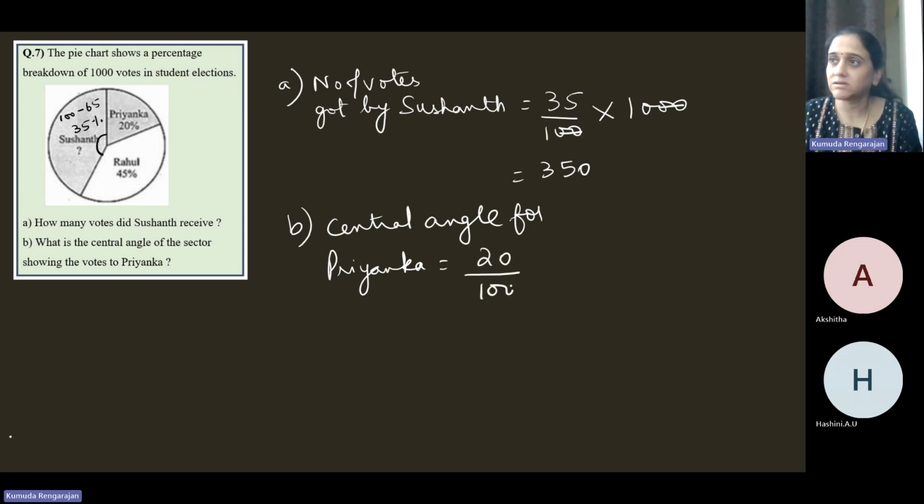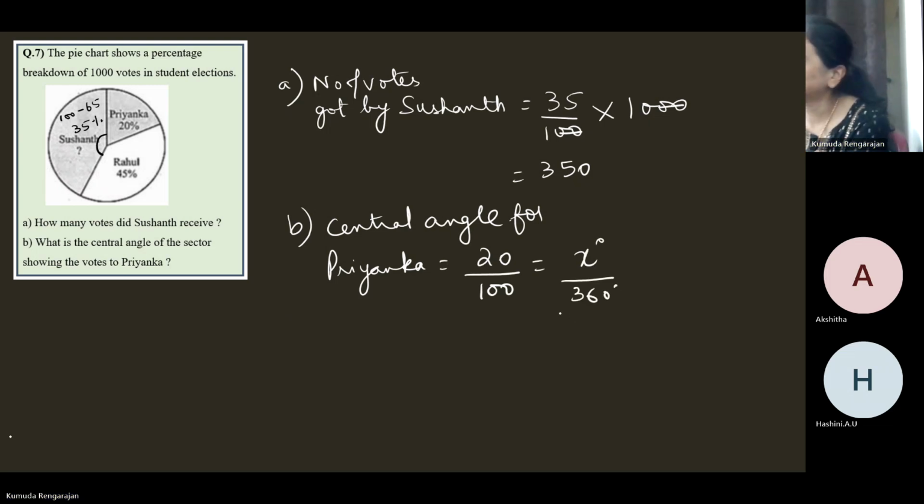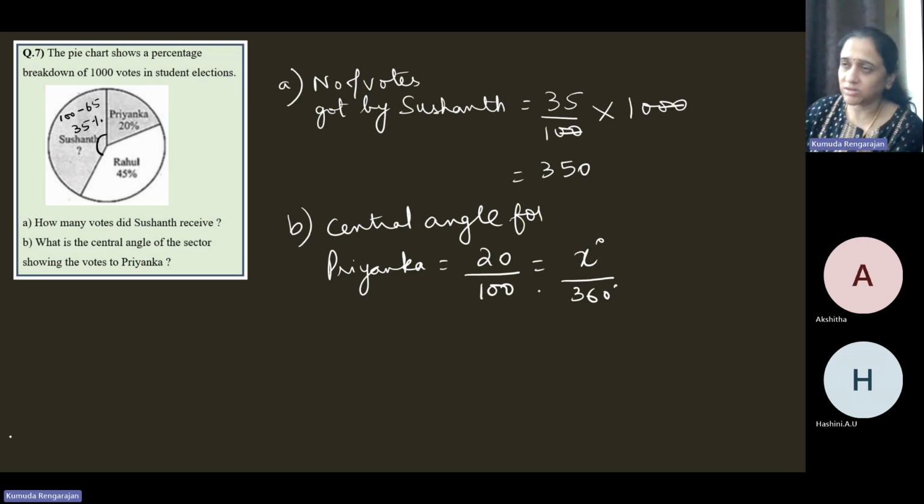Out of 100%. So it is what degrees by 360 degrees? For Priyanka, you should involve 4 quantities and they should be related. The numerators must be related, the denominators must be related.